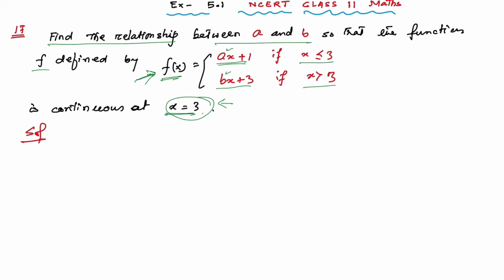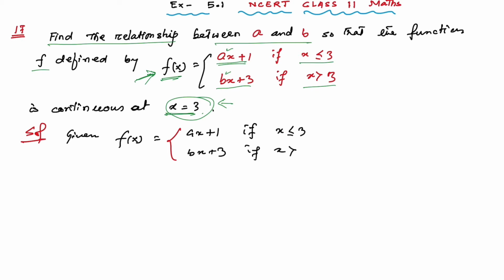First let me write the given function. Given f of x is equal to ax plus 1 if x is less than or equal to 3, and bx plus 3 if x is greater than 3. At x is equal to 3, f is continuous.